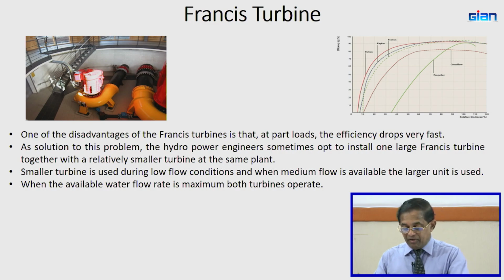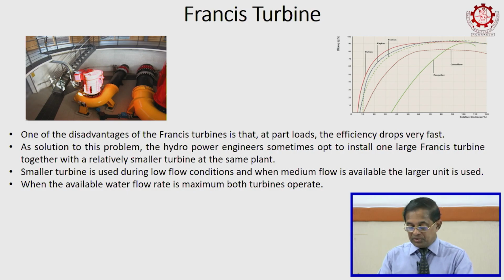One of the disadvantages of the Francis turbine is that at part load the efficiency drops very fast. As a solution to this problem, hydropower engineers sometimes opt to install one large Francis turbine together with a relatively smaller turbine at the same plant. The smaller turbine is used during low flow conditions, and when medium flow is available, the larger unit is used. When the available flow rate is maximum, both turbines operate.